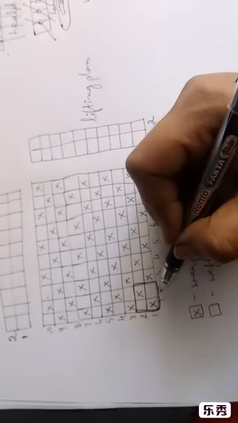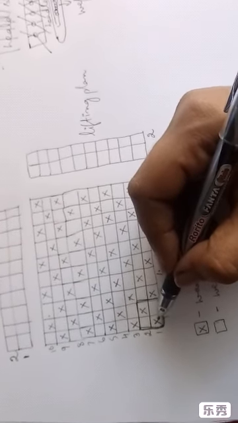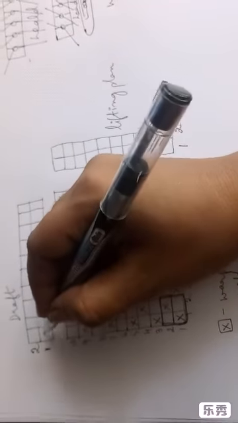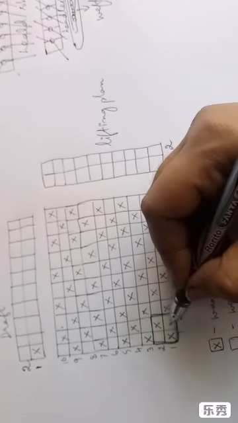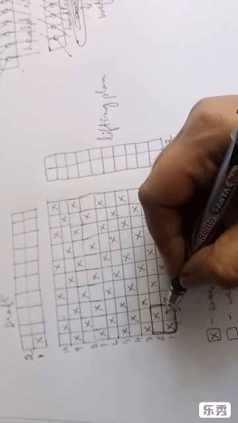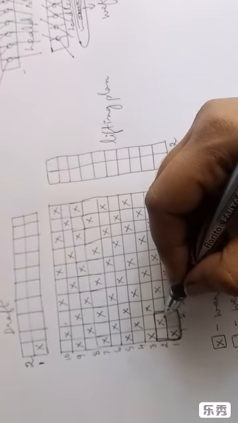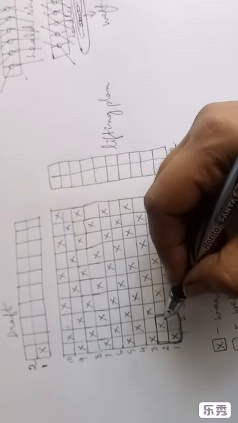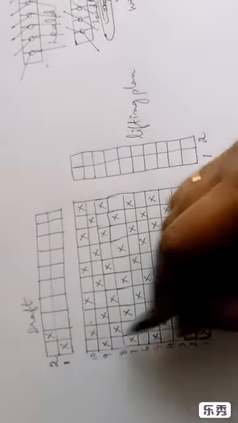Now if you see here I have 1 up, that is 1 warp thread is there, so I will just write 1x here. Next, there is an empty box, the empty box is your weft thread that is coming up, so we will leave that as it is. Now here there is a warp thread coming, so I will just write x here again. So my first row is done.